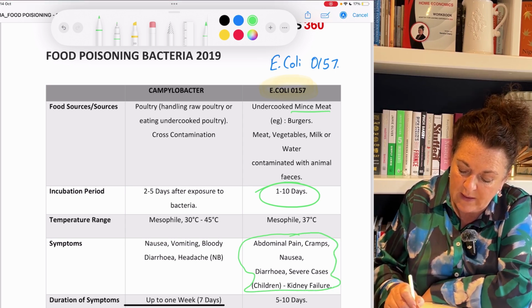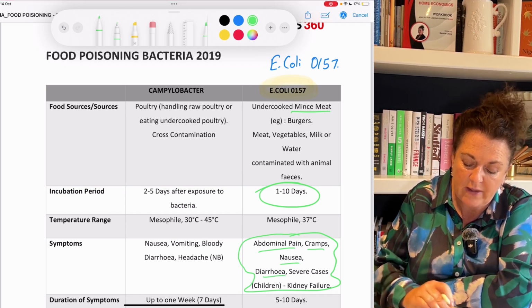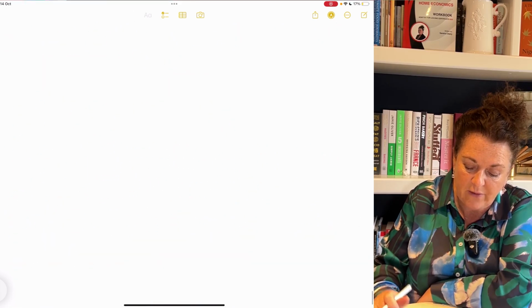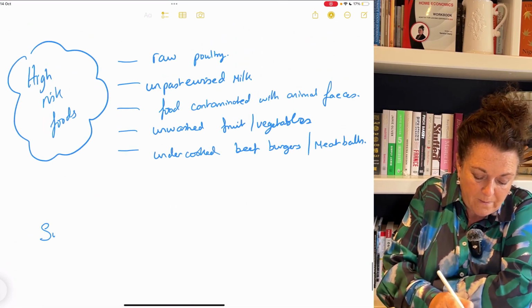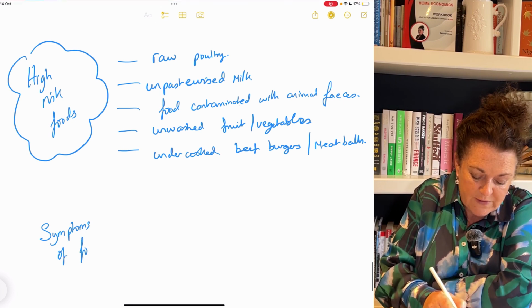So abdominal pain, cramps, nausea, diarrhea, and kidney failure. So we'll just take our symptoms there of the food poisoning.